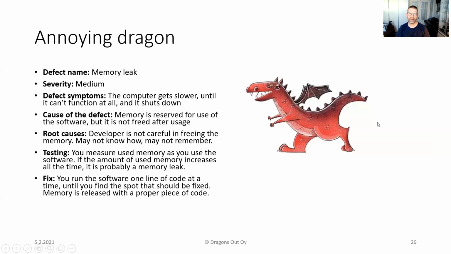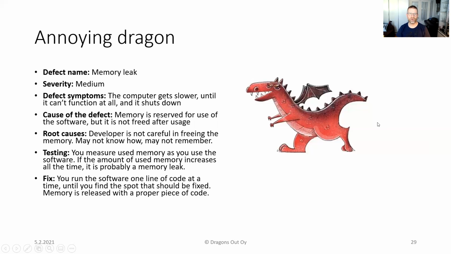And this dragon represents memory leak, which is a type of defect that is very annoying. Things look all right, except that after a certain time, the whole computer maybe crashes. And usually this happens because the computer program, the software, is using memory, and the memory is not released after usage. It should be released. And obviously this can create problems.